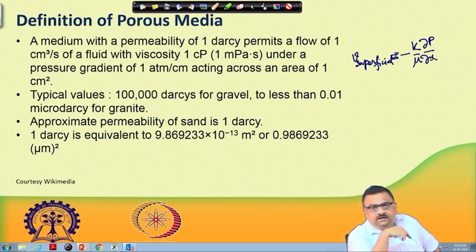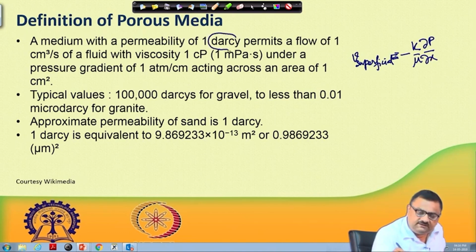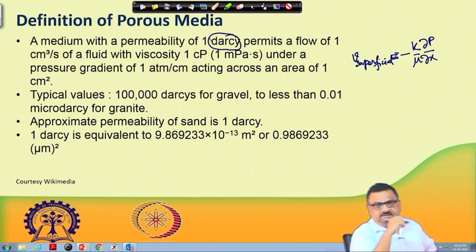The definition of permeability is something like this: a medium with a permeability of 1 Darcy. Mind it, Darcy is one unit of permeability, just like meter is a unit of length. So, permeability of 1 Darcy permits a flow of 1 centimeter cube per second of a fluid with viscosity 1 centipoise. 1 poise means gram per centimeter second.